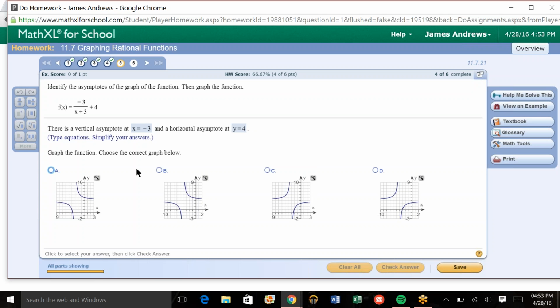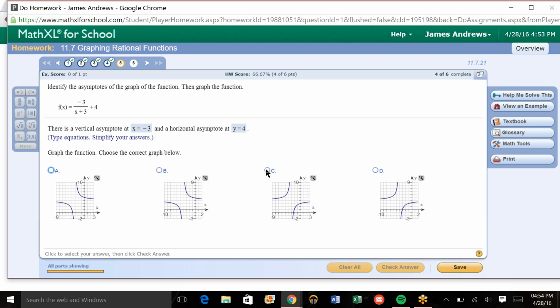-3, which looks to be, all of them have -3, maybe not over here. That looks more like -5. Yeah, it looks like this one right here is the -3 vertical asymptote.